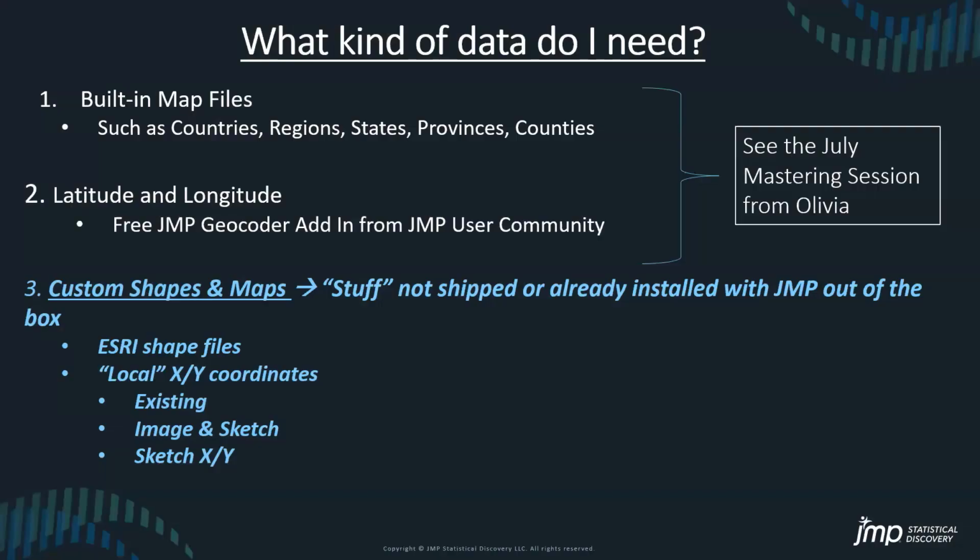As far as the type of data that you need, we will not be covering the first two. That's what Olivia covered last month. We're going to focus on custom shapes and maps. And really, after talking with Olivia and Tom, we asked, what's the definition of custom? Really, it's the stuff not shipped or already installed with JMP out of the box. So I mentioned ESRI shapefiles.